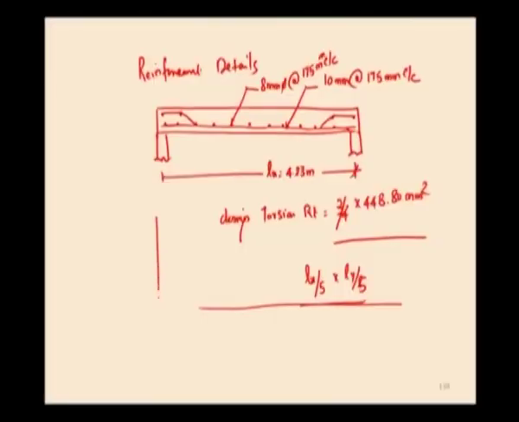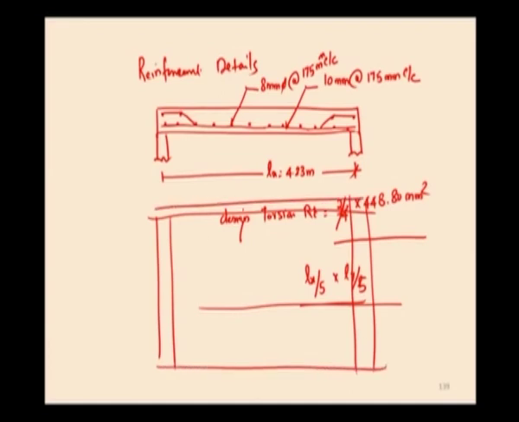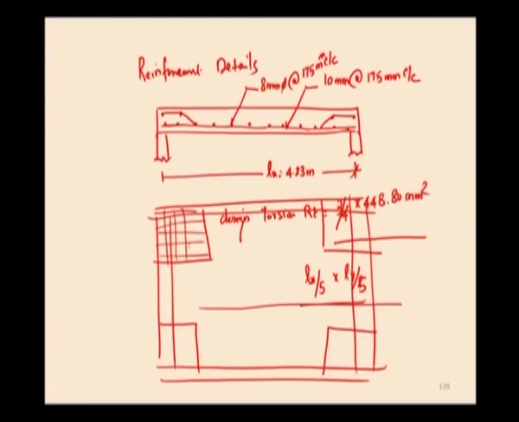So, here this is the torsion reinforcement. In addition to this, we need to provide... So, this is the plan view. This is the room, and we have a wall on 4 sides. So we need to provide the torsion reinforcement in addition to the main reinforcement, in terms of 4 layers, along x as well as y direction, that is 2 layers at the top and 2 layers at the bottom.